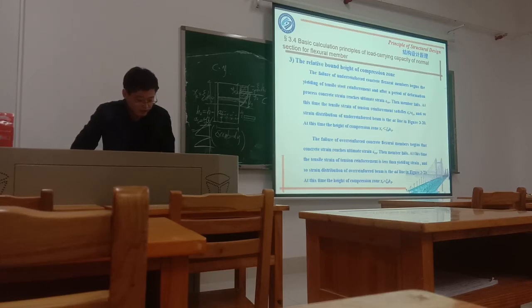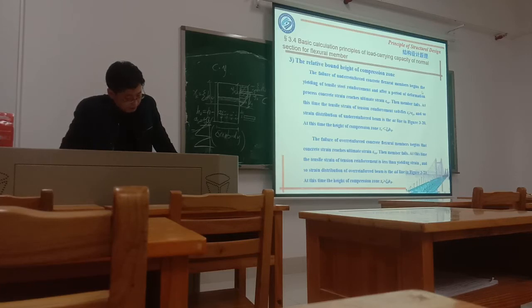So the failure of an under-reinforced concrete flexural member begins with the yielding of the tensile reinforcement, and after a period of deformation, the concrete reaches its strength and the member fails. And this one, actually, is wrong. It's not under reinforcement; actually, it's appropriate reinforcement. At the same time the tensile strength of the tensile reinforcement satisfies this value.